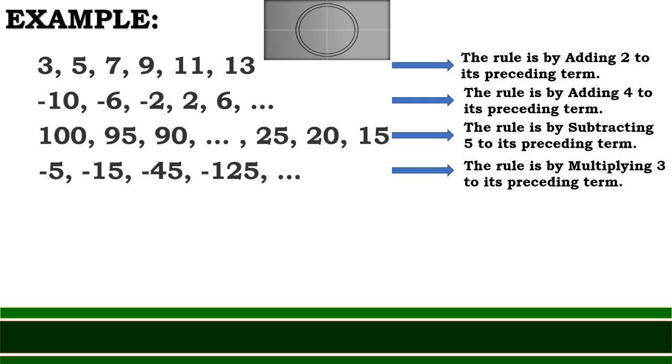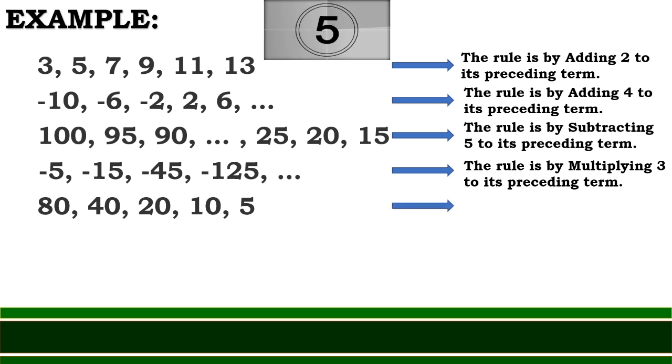Okay, another. How about this one? You have 80, 40, 20, 10, and 5. Can you guess what will be the rule for this?